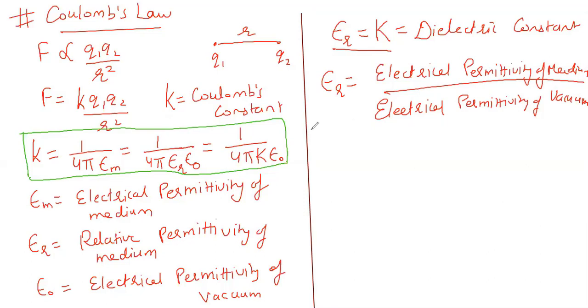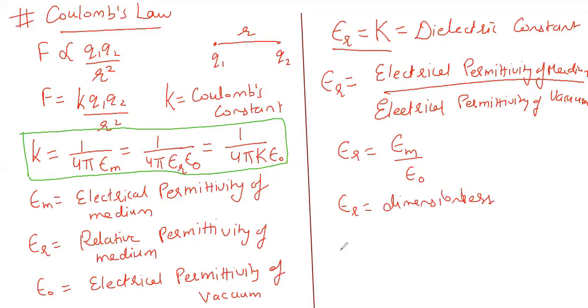What we have studied, if you remember, is relative density. Relative density is the density of the material or medium divided by the density of water. So it is just like that. We are comparing the electrical permittivity of the medium with that of vacuum. So again we can write epsilon r is epsilon m divided by epsilon naught, and we can easily see epsilon r here will be dimensionless and unitless.